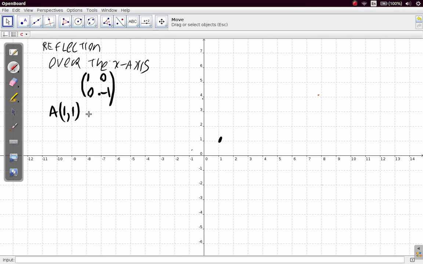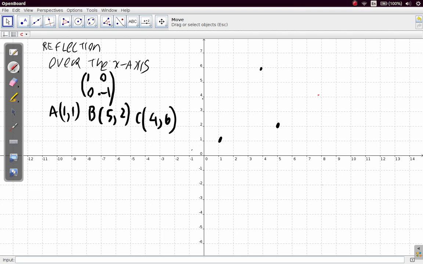B is at 5 1, no, 5 2, so 5 2 is right here, and C is at 4 6, so we have 4 6 right here.